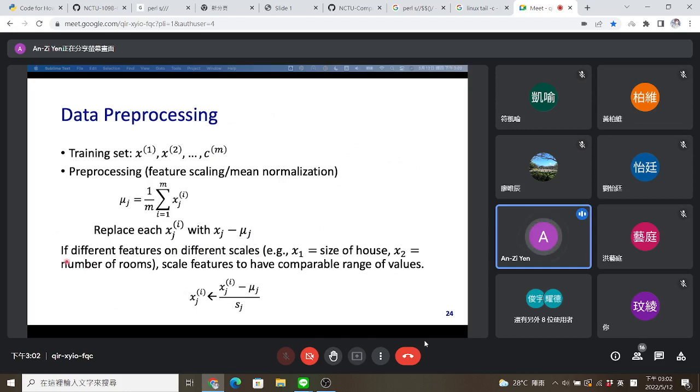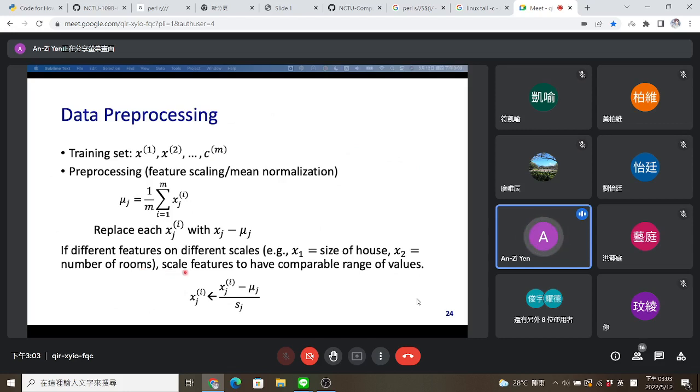And note that different features may have very different scales. For instance, if X1 is the size of a house and X2 is the number of rooms, we then also scale each feature to have a comparable range of values.